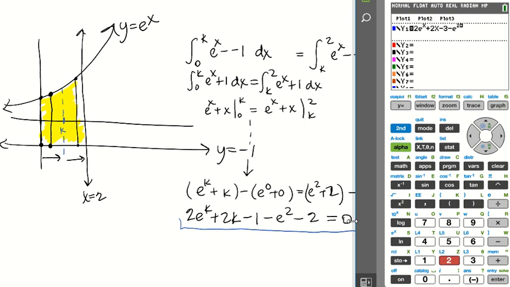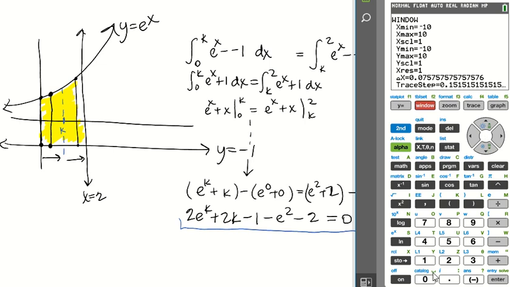And I'm interested in where this is equaling 0, and specifically where this is happening between 0 and 2. So I'm going to set the window to 0 to 2. Now I doubt there's going to be more than one zero to this thing, but I'm going to look and find something. There it is.